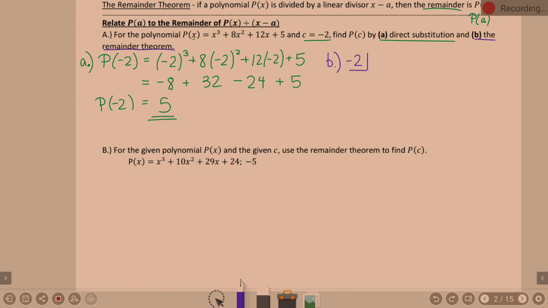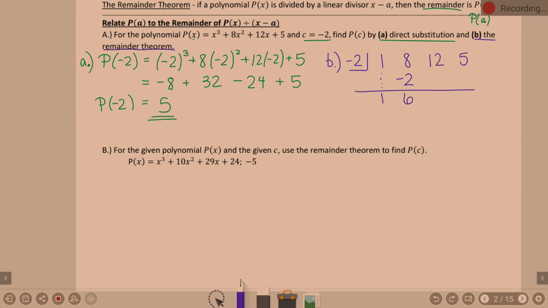What's my row of numbers that go here? What are my coefficients? 1 from the x cubed, 8 from x squared, 12 from x, and 5 is my constant. Okay, guys, synthetic division. We're going to drop the 1. -2 times 1 is -2. 8 plus negative 2? 6.